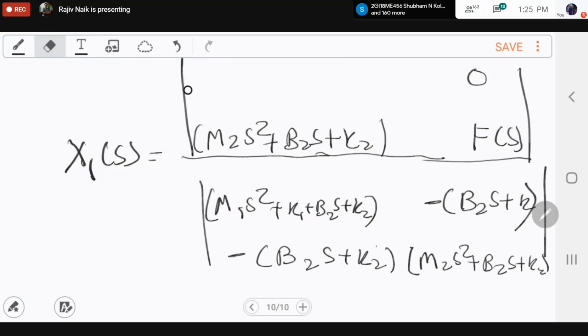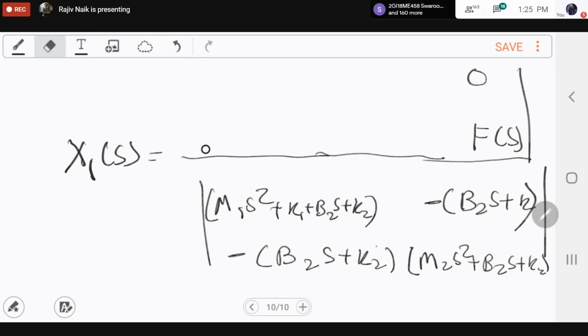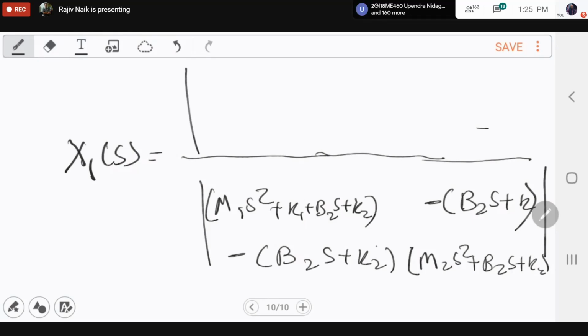Numerator only is a problem, denominator is always the same. So I am rubbing it. The right hand side of the first equation is 0. The right hand side of the second equation is f of s.